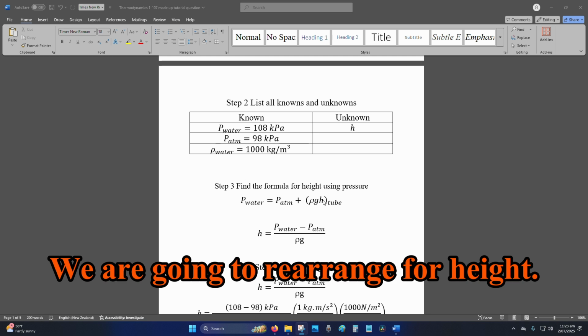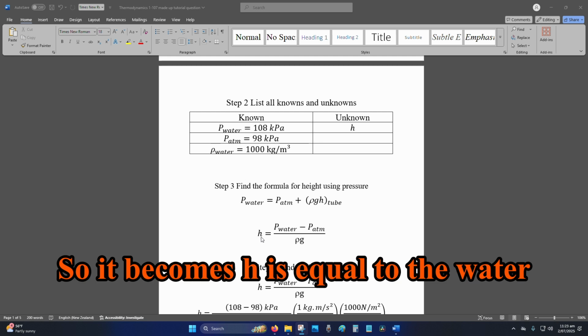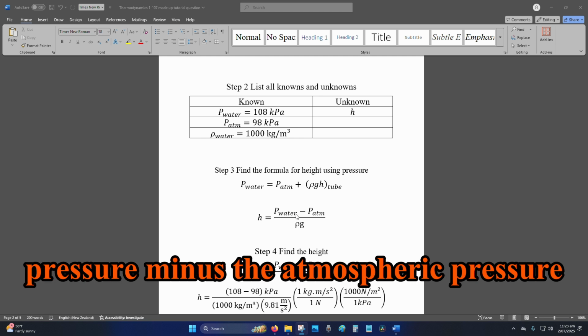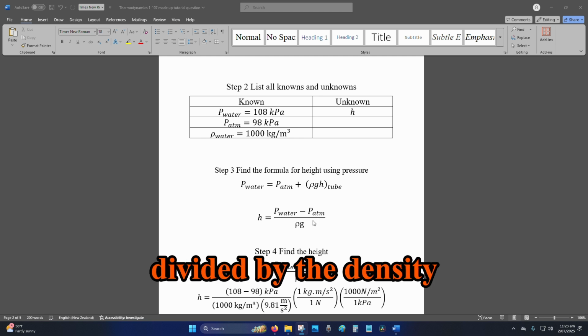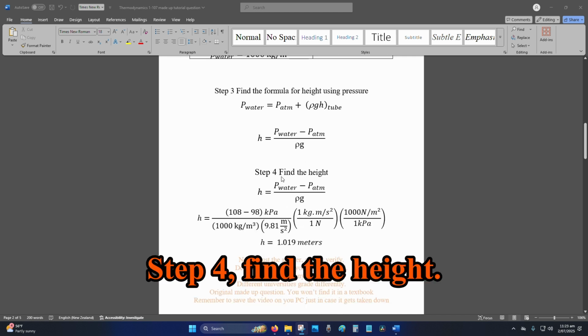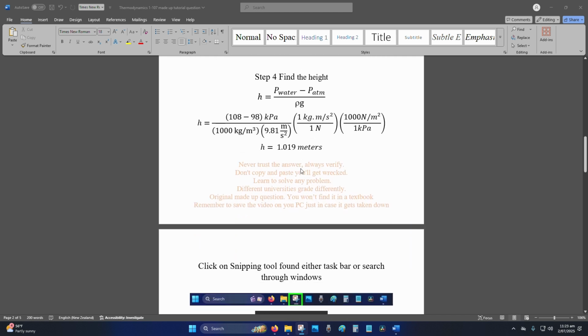We're going to rearrange for height. So it becomes h is equal to the water pressure minus the atmospheric pressure divided by the density multiplied by gravity.